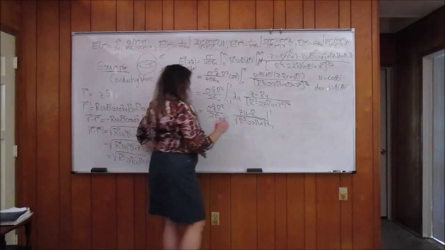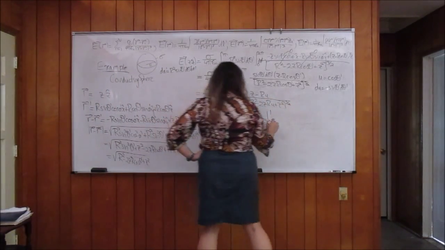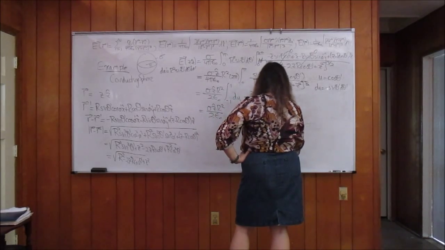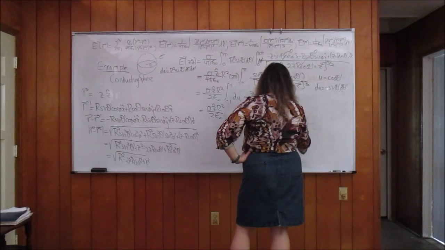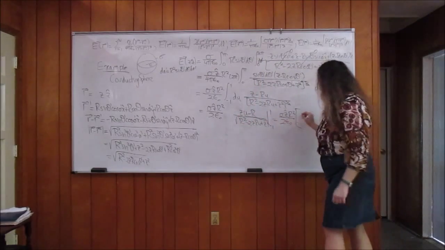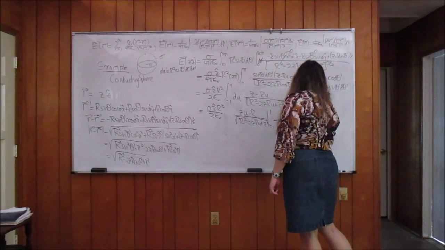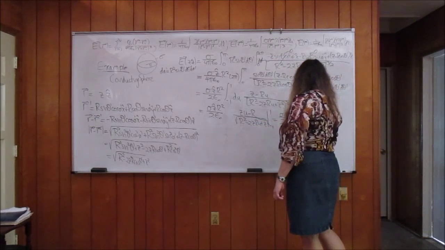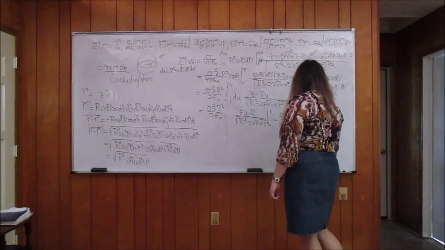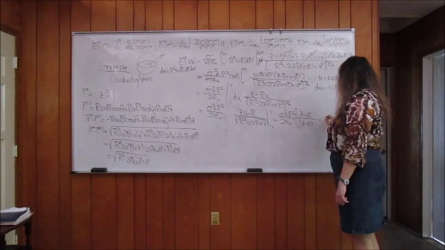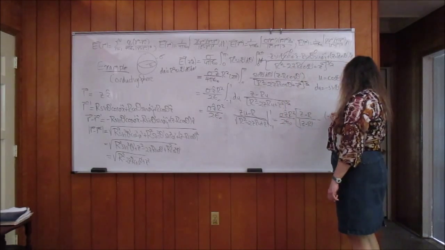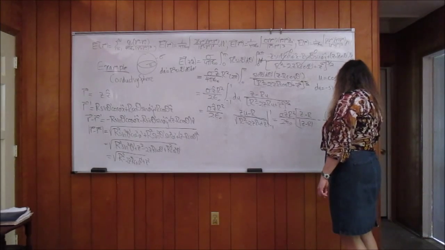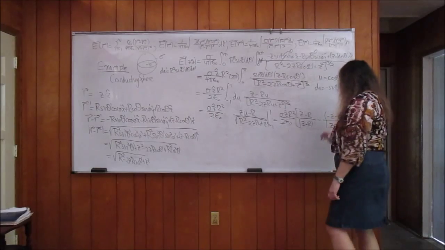Okay. First term is going to give me z minus r, and that is going to be the absolute value of z minus r, minus z minus r all over z plus r, absolute value.